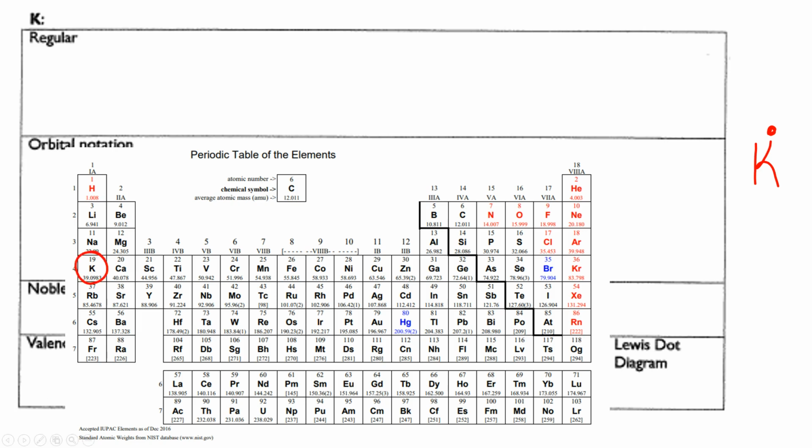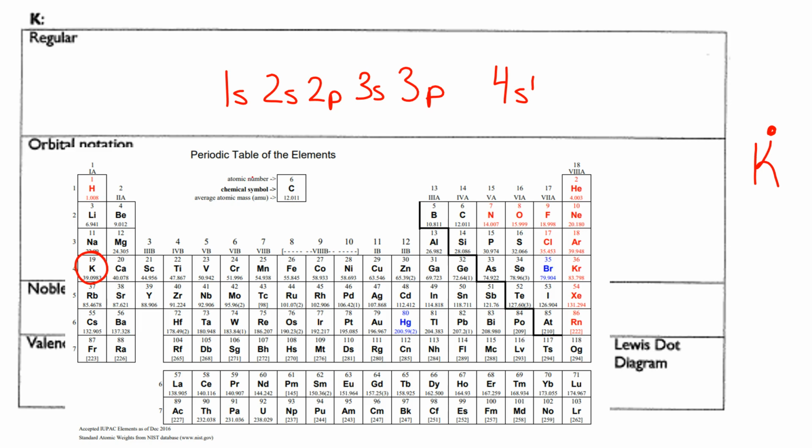So what do I know that my regular order configuration has to get to? 4s1. All right, before that, I know I have to fill 1s, 2s, 2p, 3s, 3p.